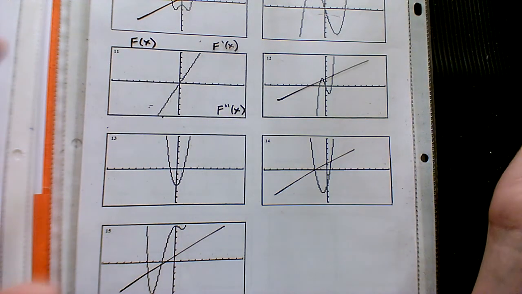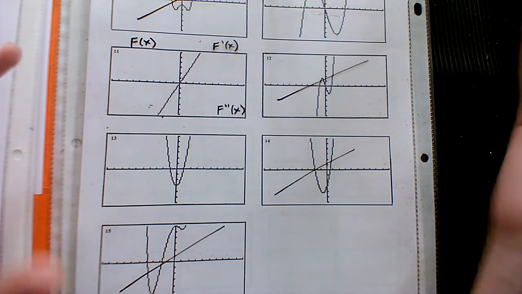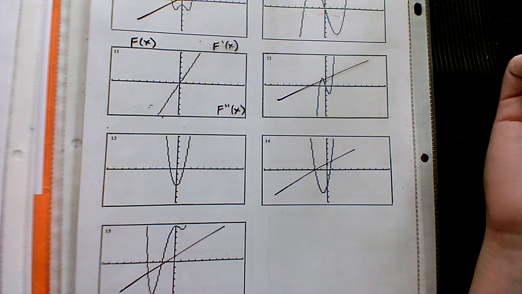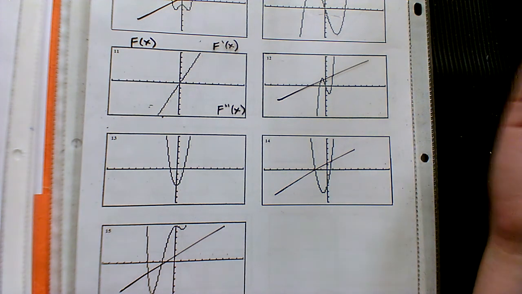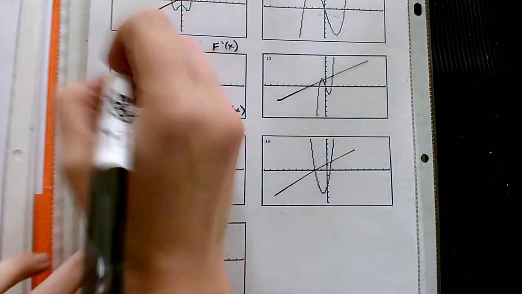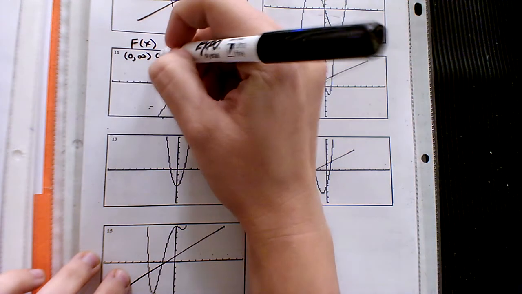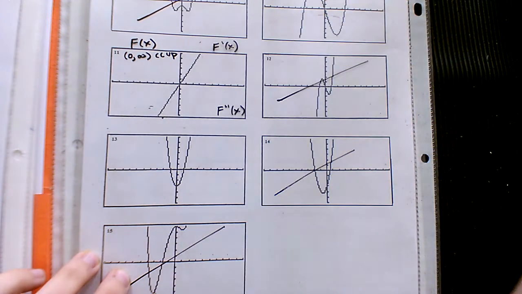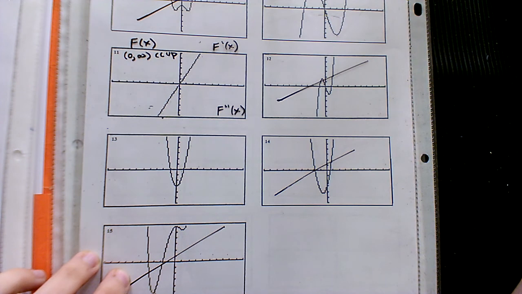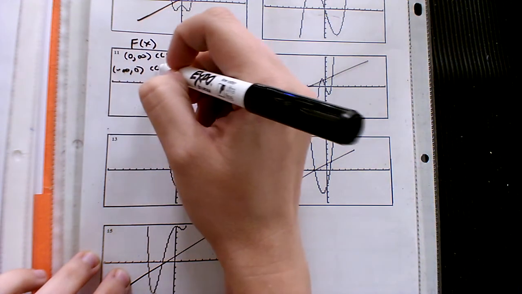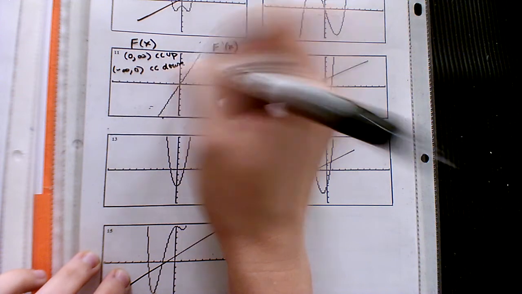From 0 to infinity, it is positive. Okay, so 0 to infinity, f of x is concave up. And then negative infinity to 0 would be concave down.